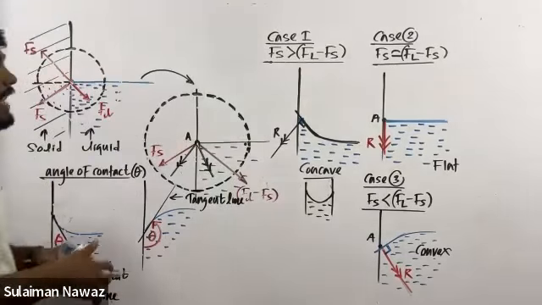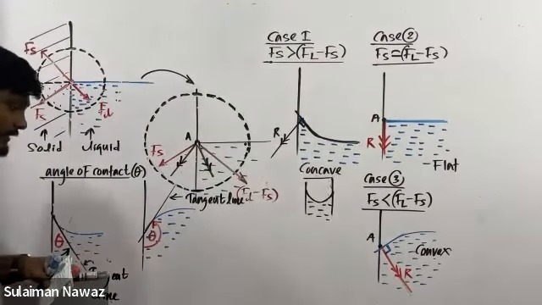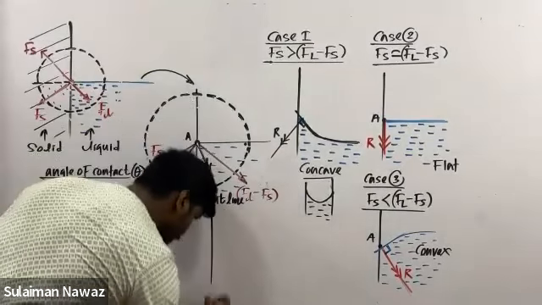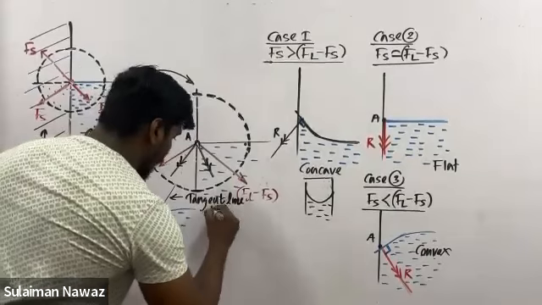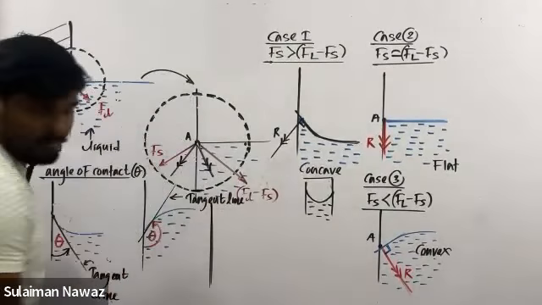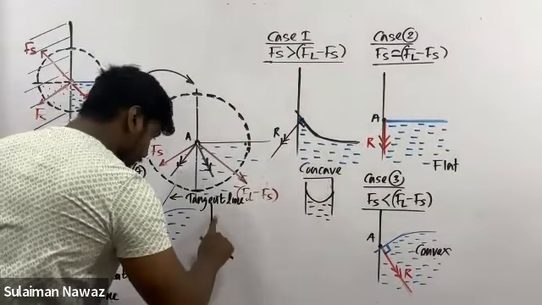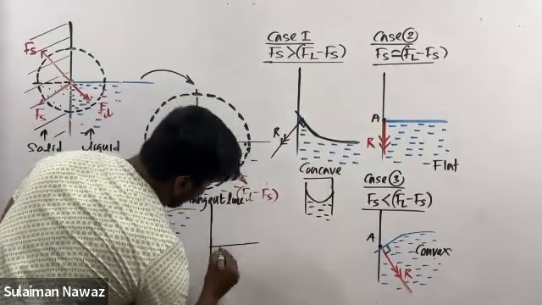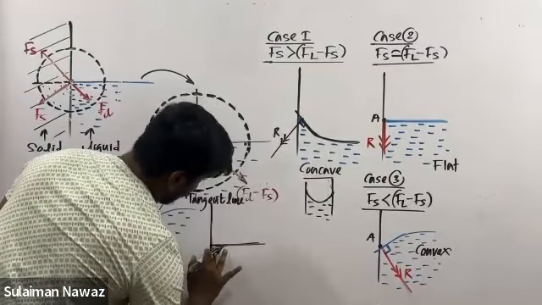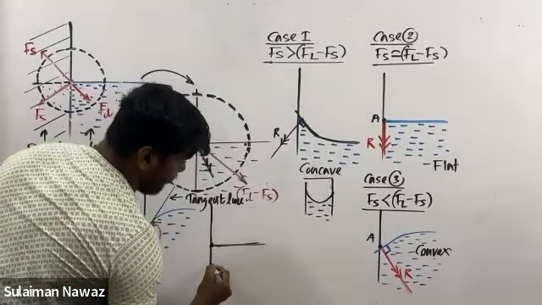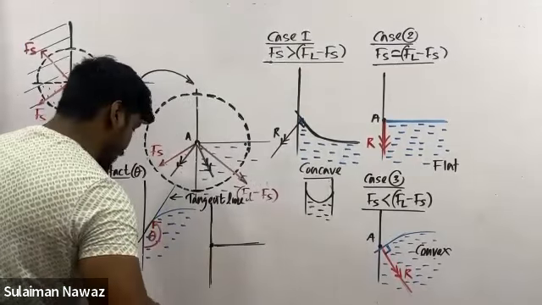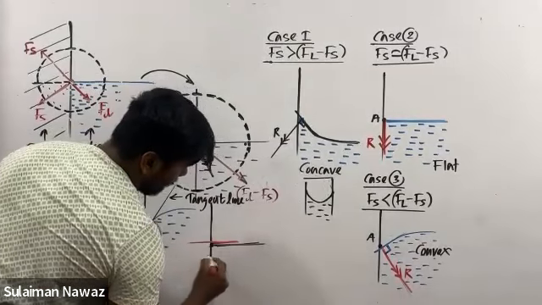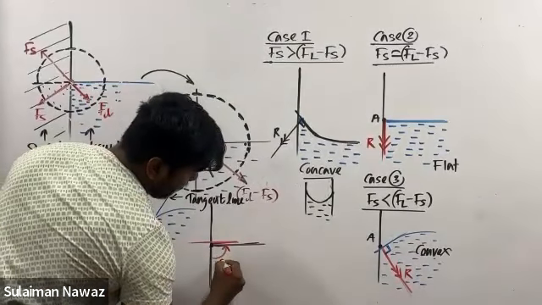What can you say about the angle of contact for a flat liquid surface? If the liquid surface is flat, and I draw a tangent line to the flat surface from the solid, the angle is always 90.